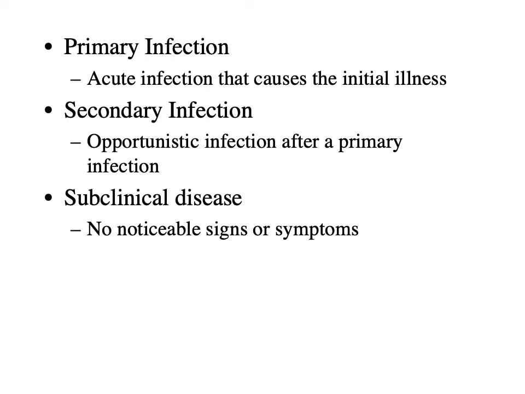Primary infection and secondary infection: we have your original problem and then a second problem that may occur. A classic example of this is where you have a patient who takes antibiotics for strep throat, which is completely appropriate. Those antibiotics are not just going to influence the strep in the throat, they're going to attack bacteria all over the place. One of the side effects of that type of antibiotic therapy in women is a displacement of the vaginal flora.